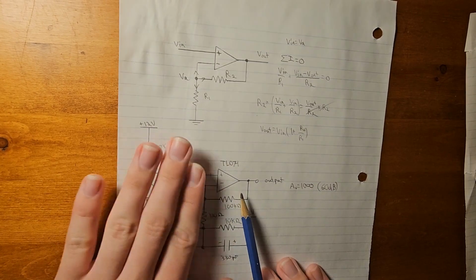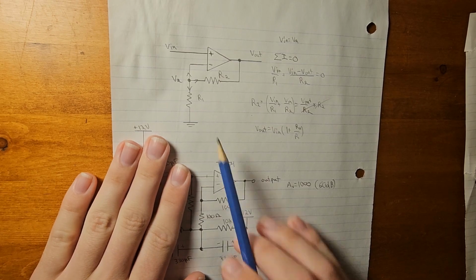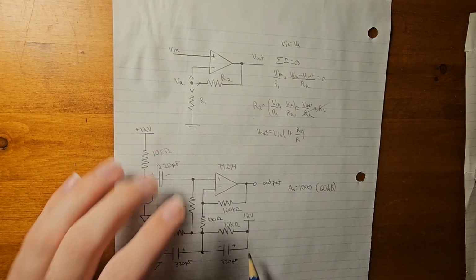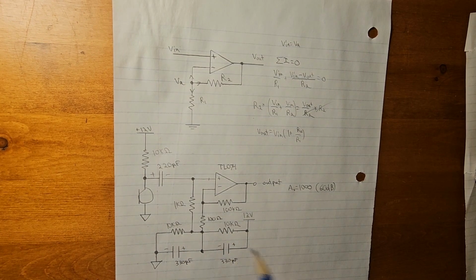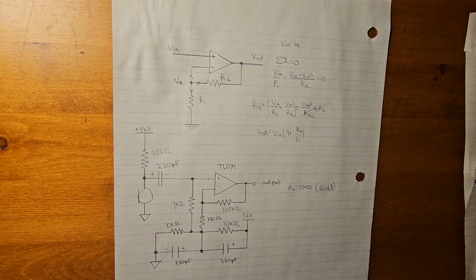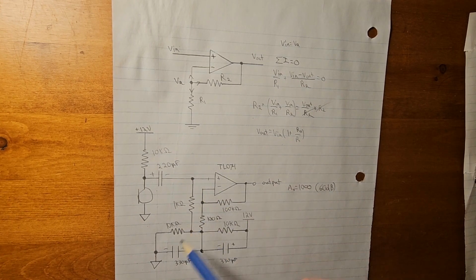This circuit here, if we just cover this up, is very similar to the one up here. The only difference is that we have these 2 resistors and 2 capacitors, and all these are really doing is providing a bias to the circuit, because amplifiers need to be biased so that you get a positive amplification and a negative amplification for positive and negative signals, right?